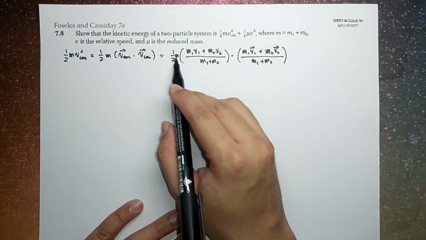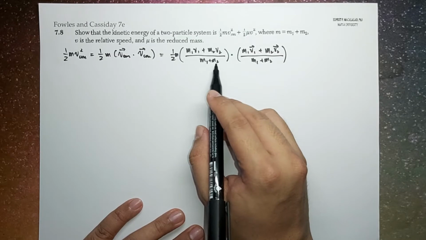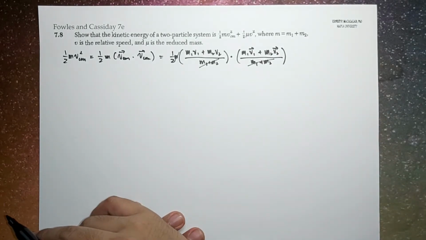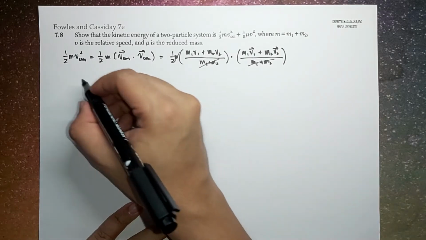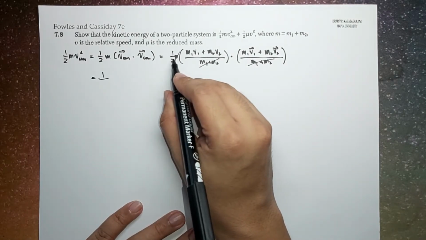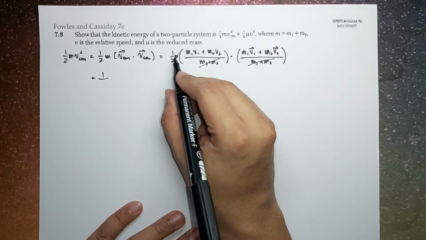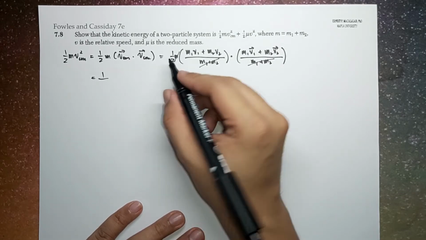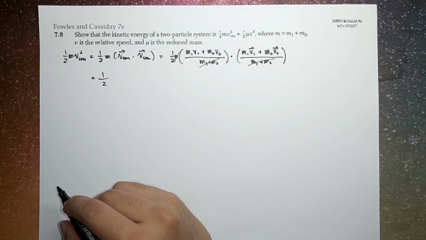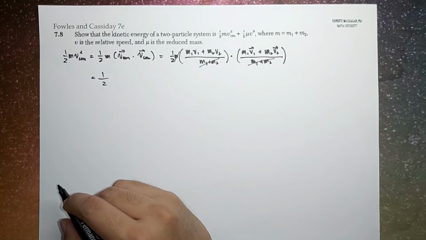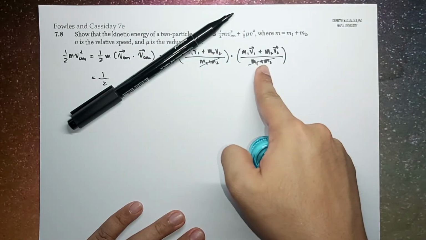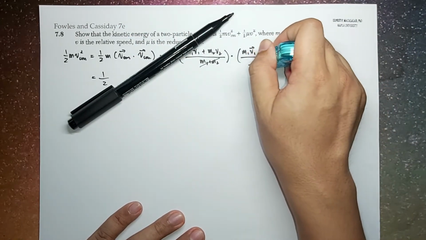so because m is equal to m1 plus m2, we can cancel this. So this becomes 1 over 2 times... we can only cancel with one of them.